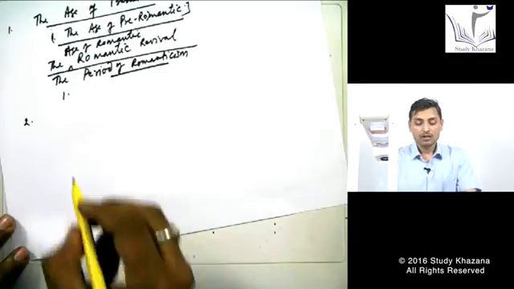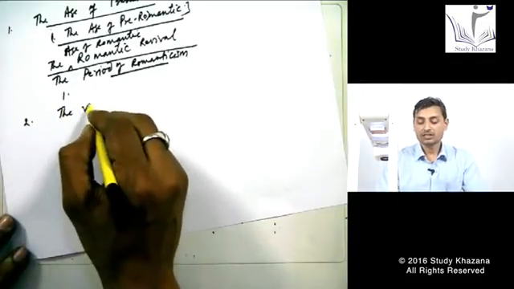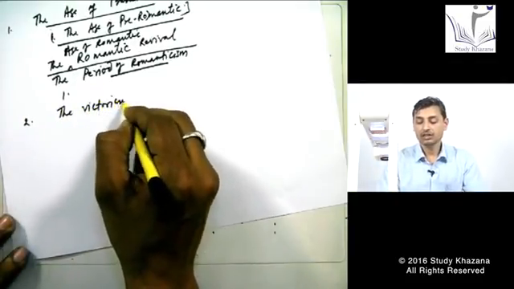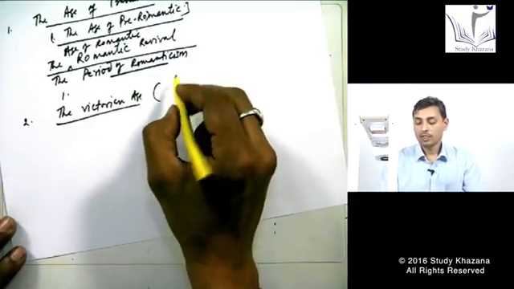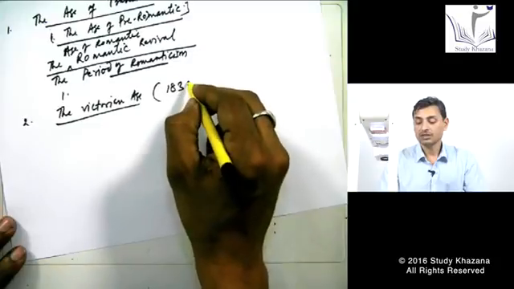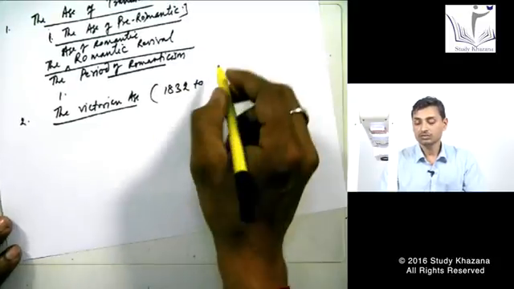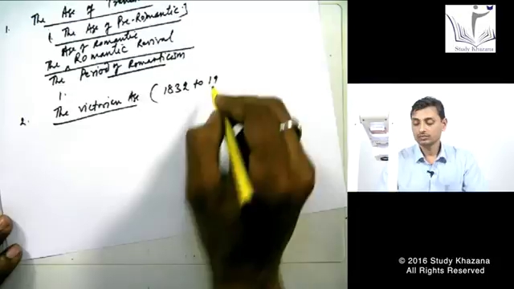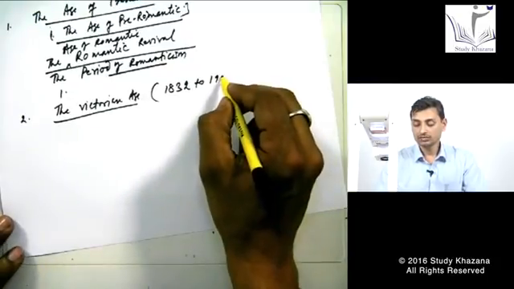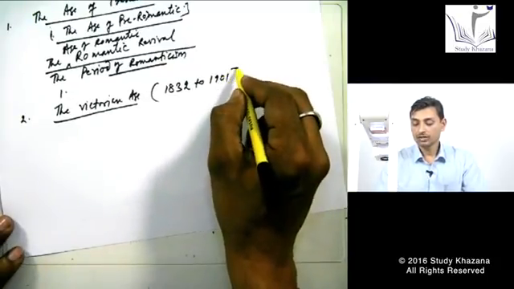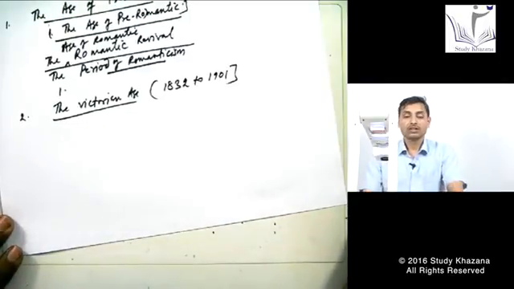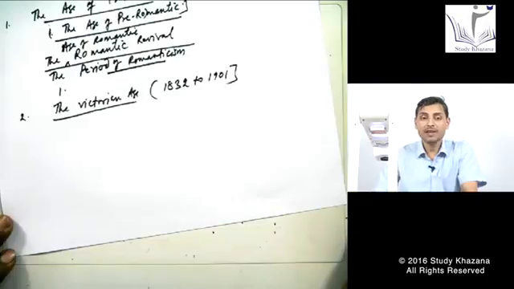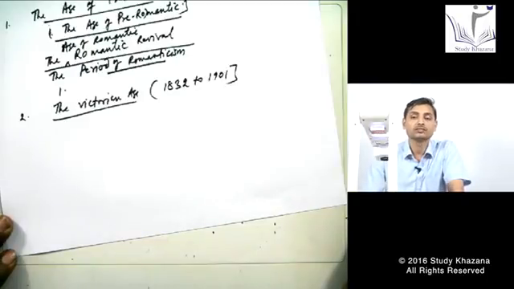Thereafter, the Victorian age begins. The Victorian age, and the period of this age is 1832 to 1901. In fact, the influence of romanticism had not died down completely.